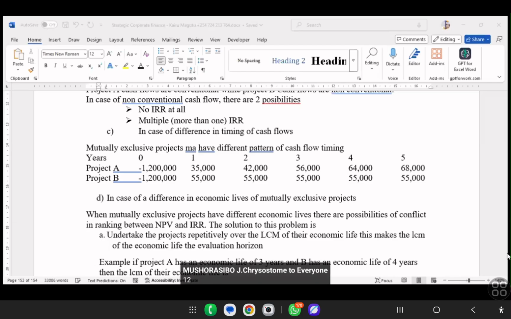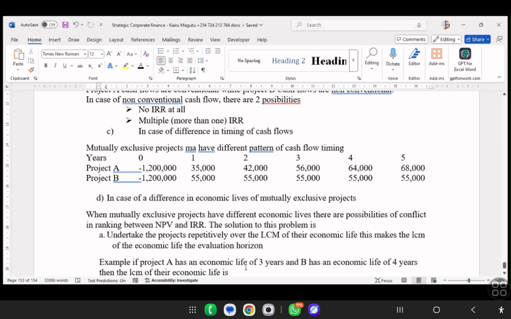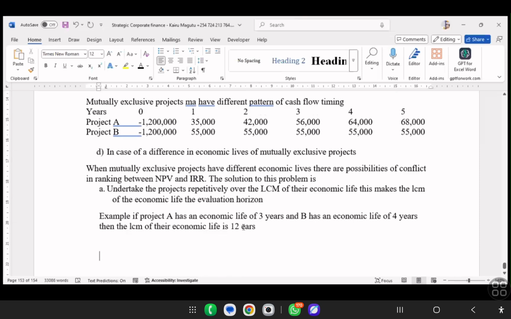Yes, someone has responded, I see people are saying 12. Yes, the LCM of 3 and 4 is 12 years.